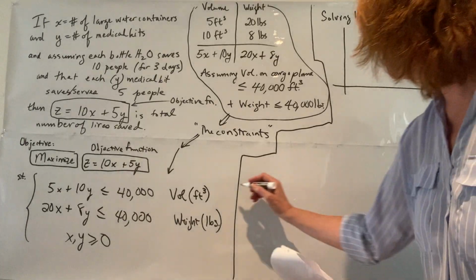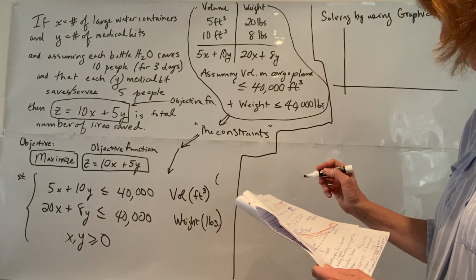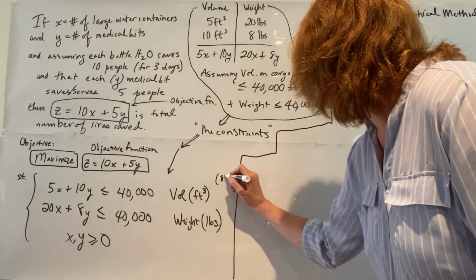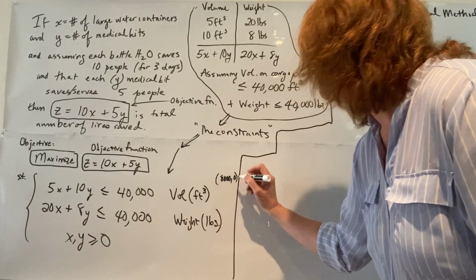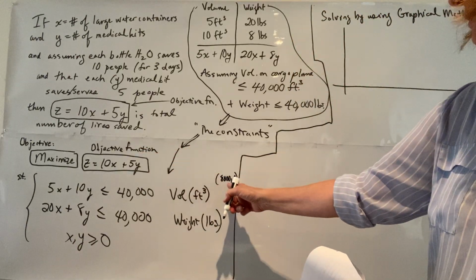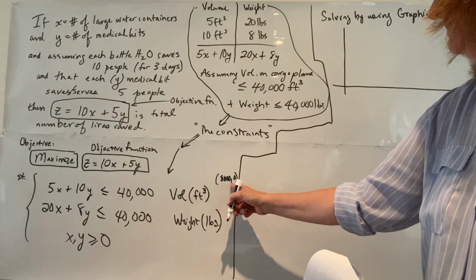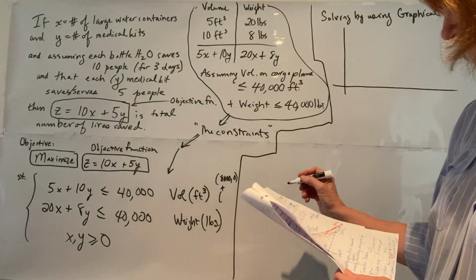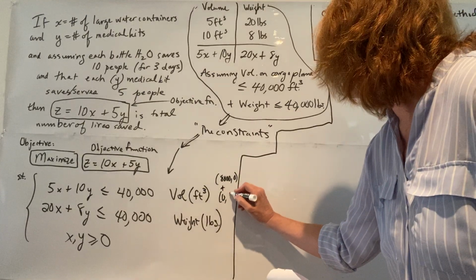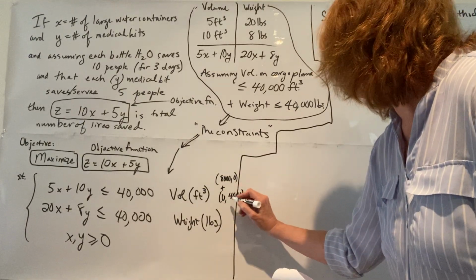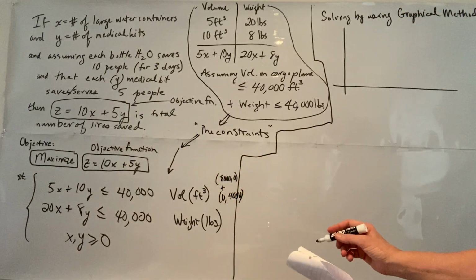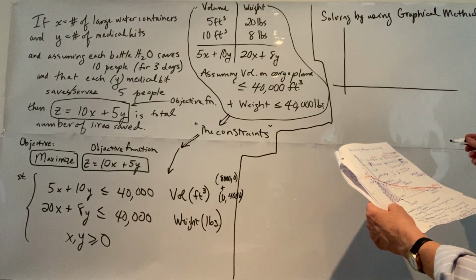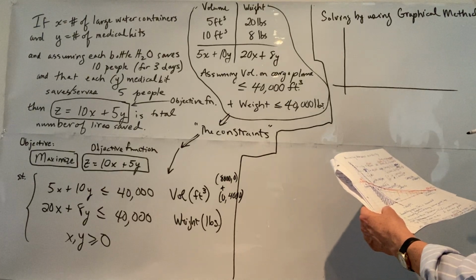Those points were, let's see, 8,000, 0, right? 8 times 5 gives you 40, and also on that line would be 0, 4,000, because 4,000 times 10 gives you 40,000. So we had that line there. That's for the volume.